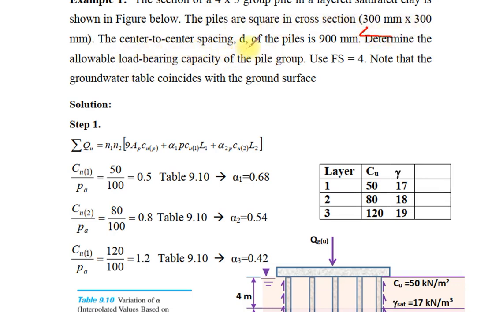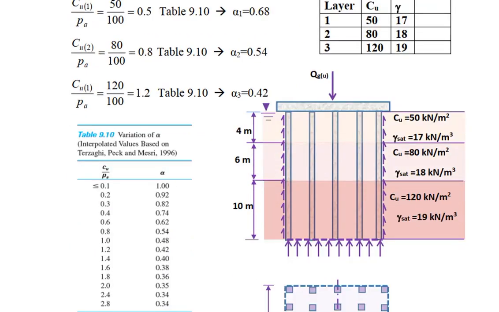The center to center spacing D of the piles is 900 millimeter. Determine the allowable load bearing capacity of the pile group. Use factor of safety equal to 4. Note that the ground water table coincides with the ground surface. The piles are shown in this figure.